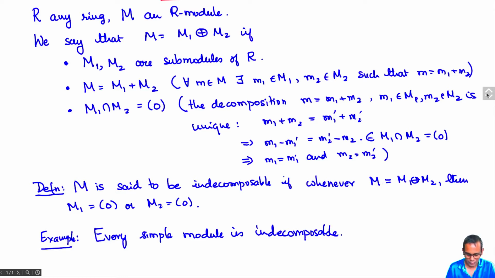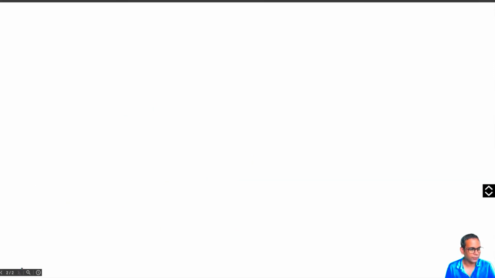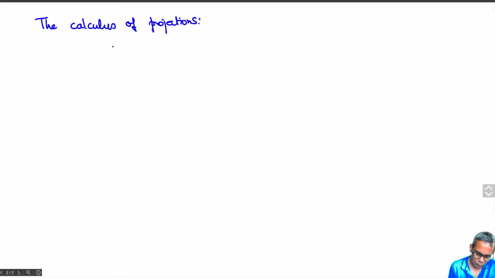Now there's a nice way of thinking about direct sum decompositions which will be very useful in the next few lectures. So let me introduce that. And this is sort of the beginnings of the calculus of projections. So suppose we have M equals M1 plus M2.